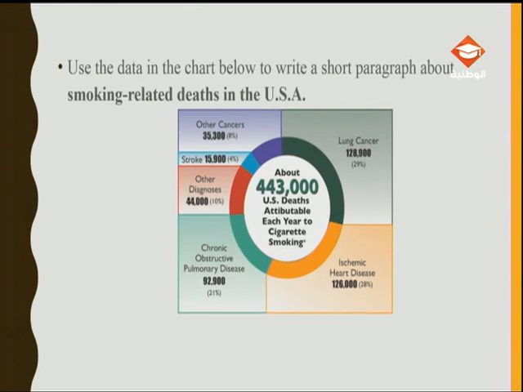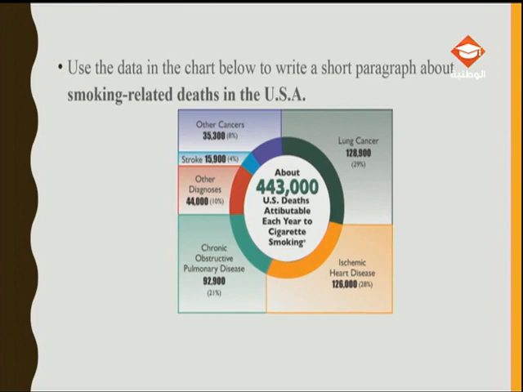We have in the middle about 443,000 deaths in the United States. We are not talking about any country or the world. We have to be clear. It's about the United States. So every year in the United States, about 443,000 people die due to cigarette smoking.